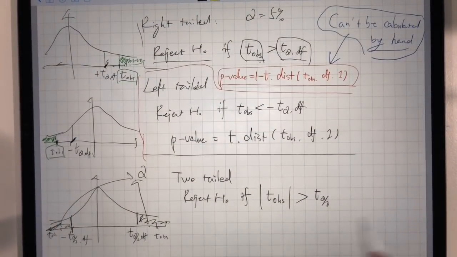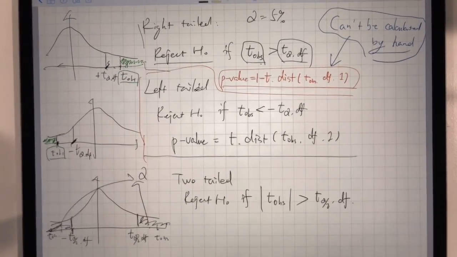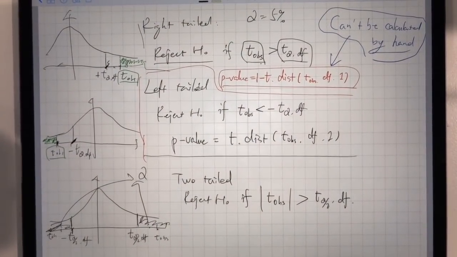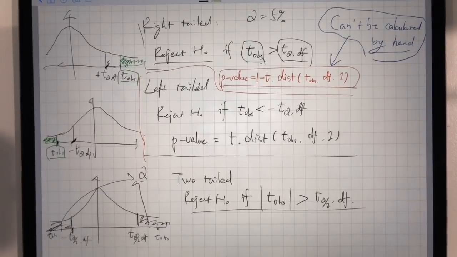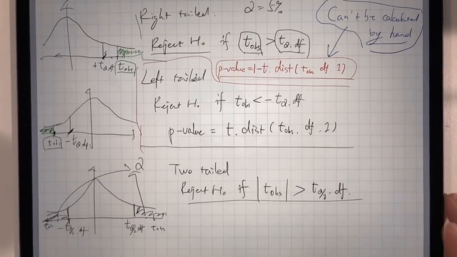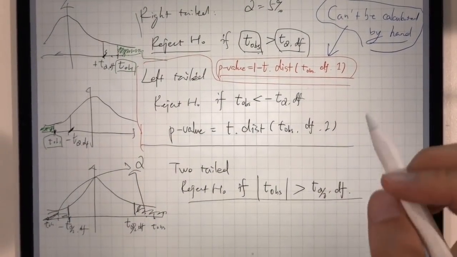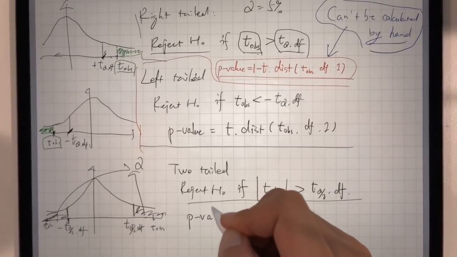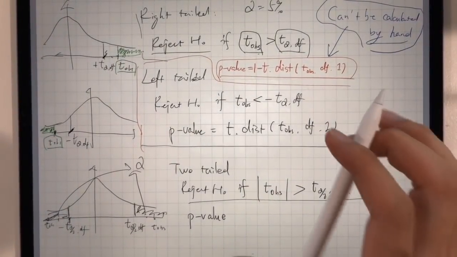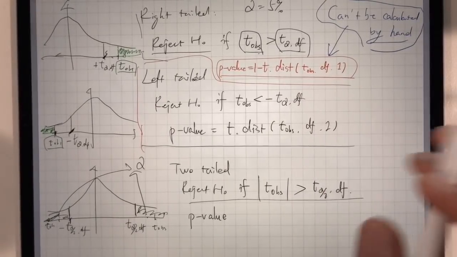So each side is half alpha with a certain degree of freedom, okay? So this is how we determine whether to reject the null hypothesis for a two-tailed test. And the two-tailed p-value is actually the one-tailed p-value multiplied by 2.